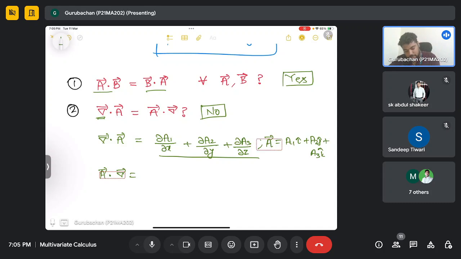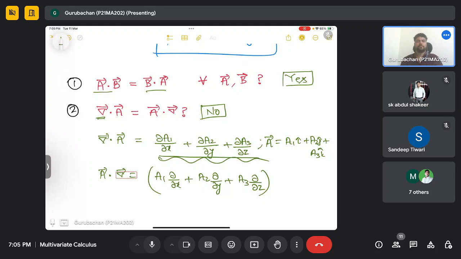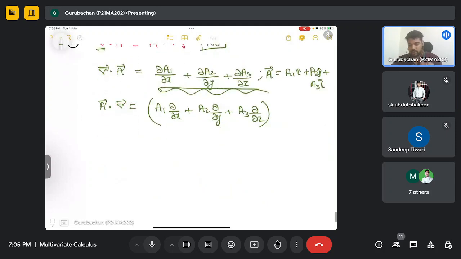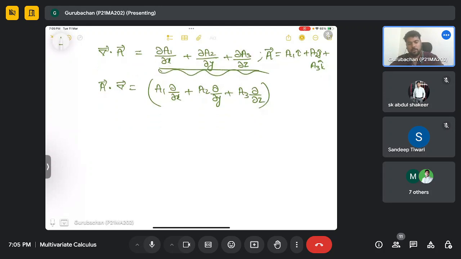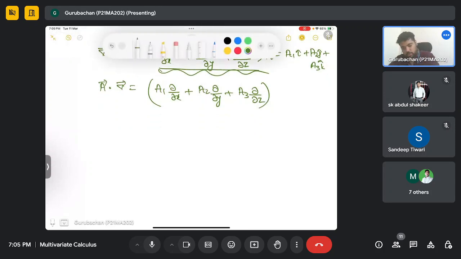So this will be an operator: A1 del by del x, A2 del by del y. This is a scalar quantity, but it is also an operator. But this is not an operator. Okay. So this was just a glimpse that this dot product is commutative for vectors, but not for a vector and an operator. So let me write the next question, which will give you a glimpse of line integral.